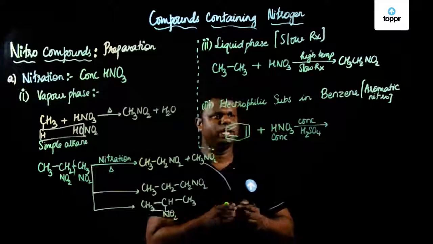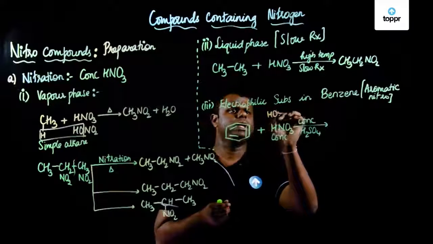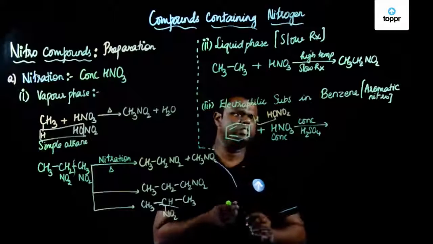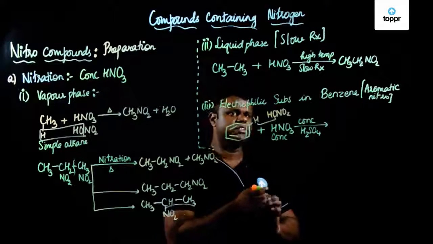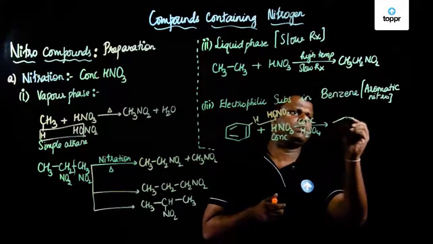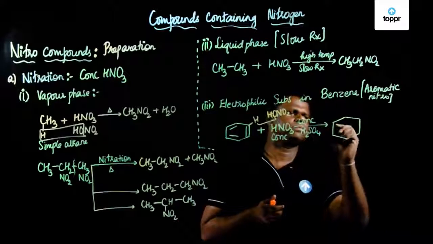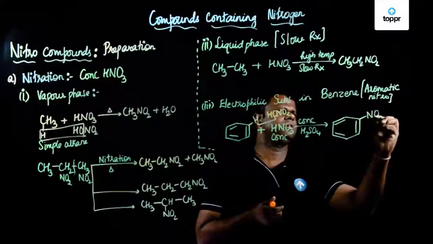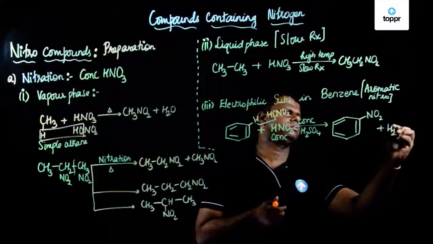Now HNO3 I can write as HONO2, correct? There is one hydrogen over here, so H and OH go in the form of water, as a result of which you get nitrobenzene. You get nitrobenzene plus water.